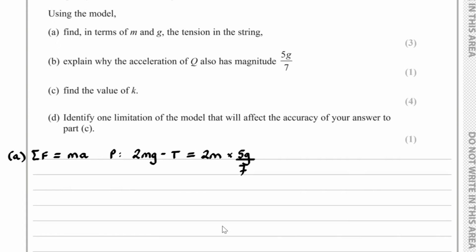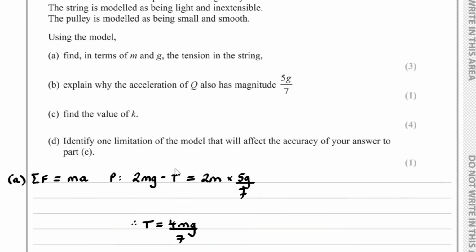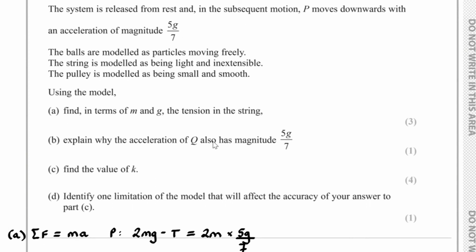And so therefore, if I rearrange, I've got 2mg minus 10mg over 7, so it turns out T is equal to 4mg over 7. Then for part B, we have to explain why the acceleration of Q also has a magnitude of 5g over 7.